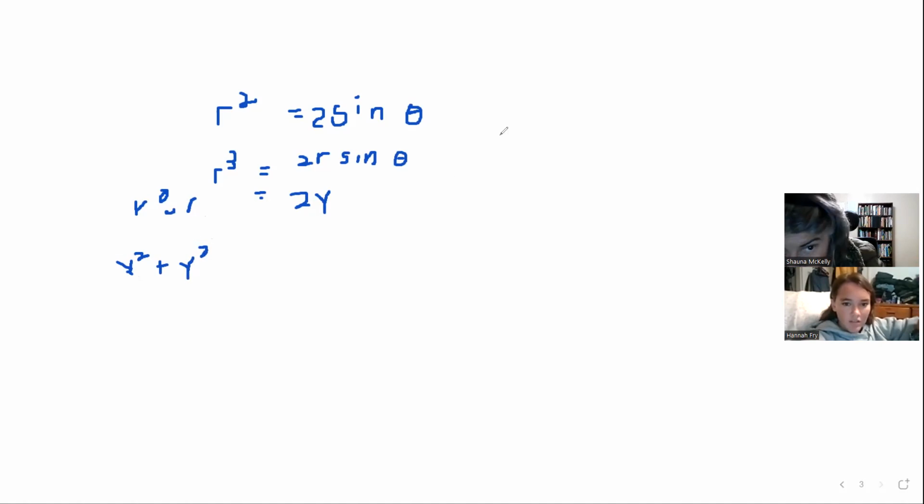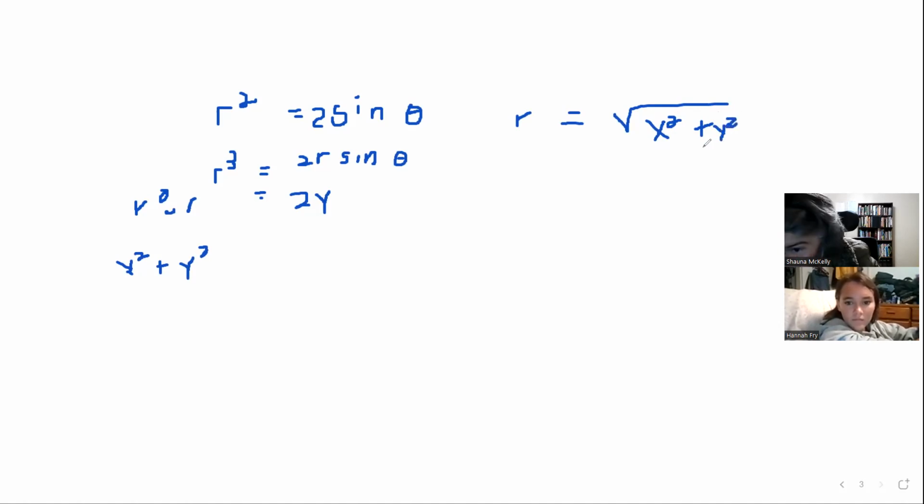Because isn't r just the square root of this, x squared plus y squared? Because that's the definition. Only we always square the term, don't we? But it is this, isn't it?